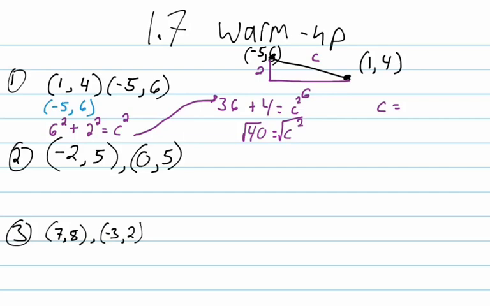What I got, hopefully you're getting the same thing, you can double check, is 6.32. We're going to stop at the second decimal place, the 100th place. So use that third decimal to round that second decimal. So c will be 6.32.